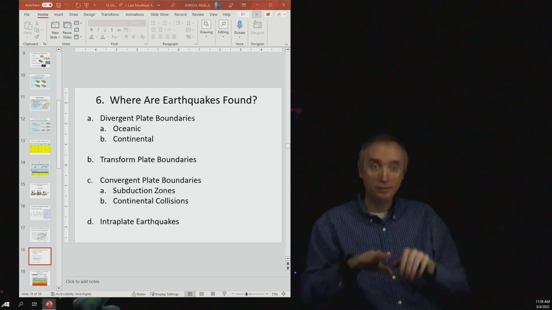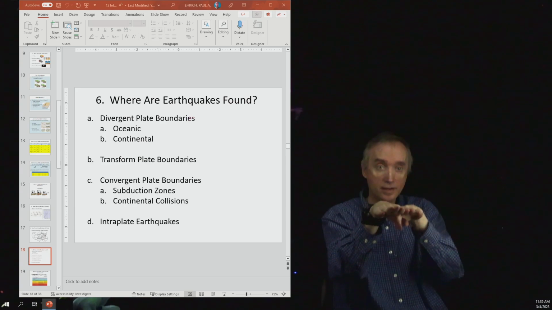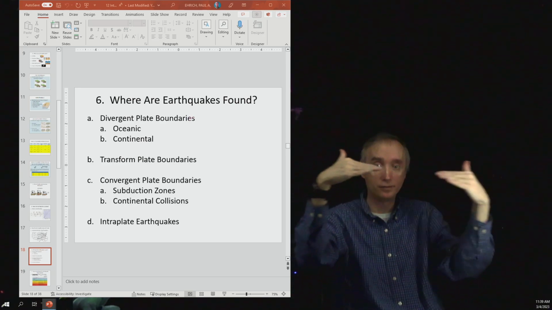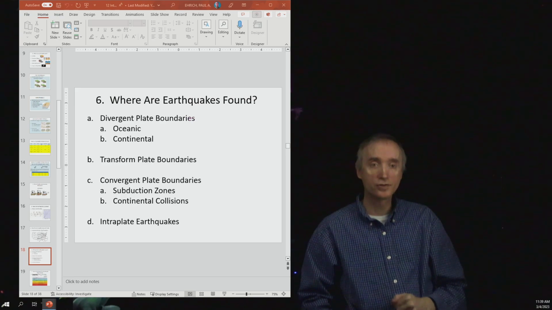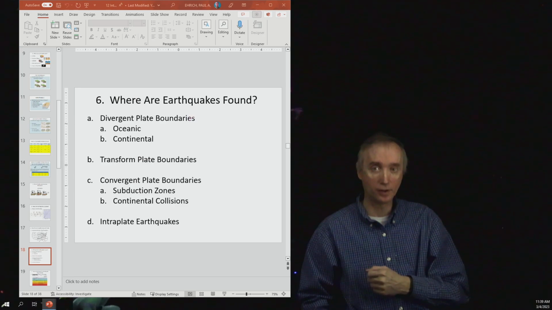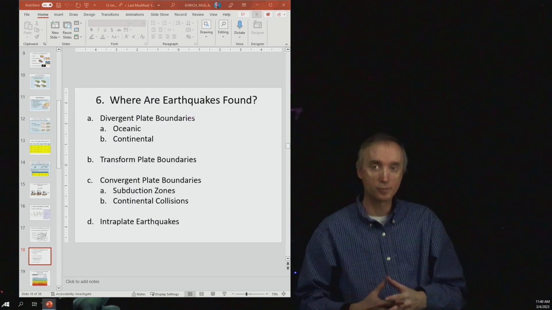Plates can be transformed, so they slide past each other. And then plates can converge, and then you also had intra-plate activity, so activity that was going on within a particular plate. So all of these are different places where you can have earthquakes. So let's talk about the differences between them.